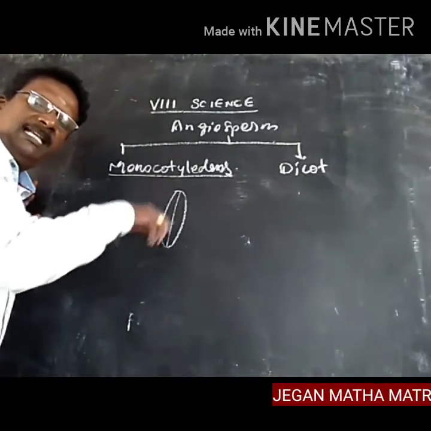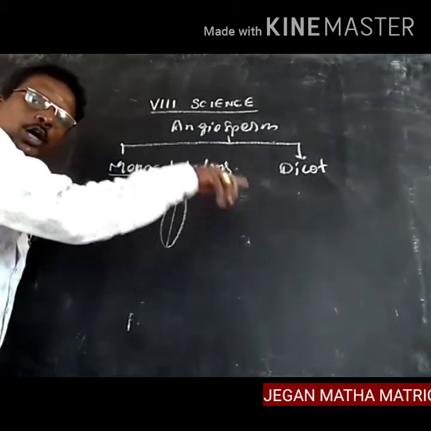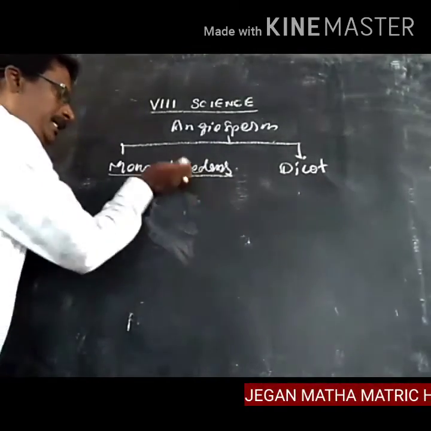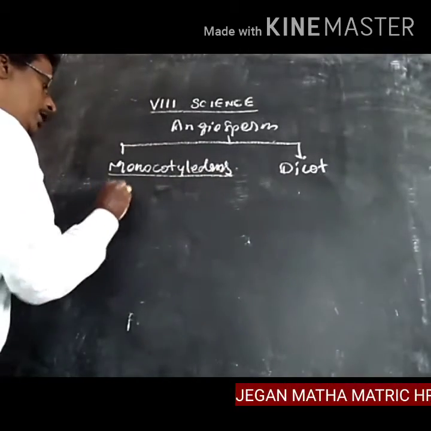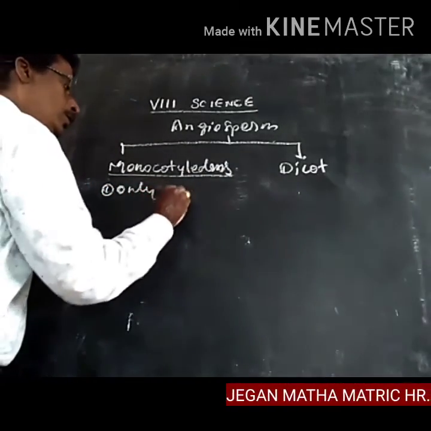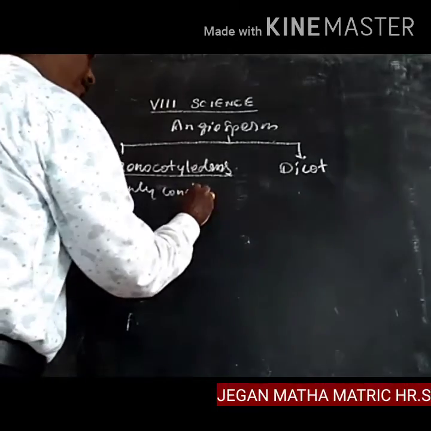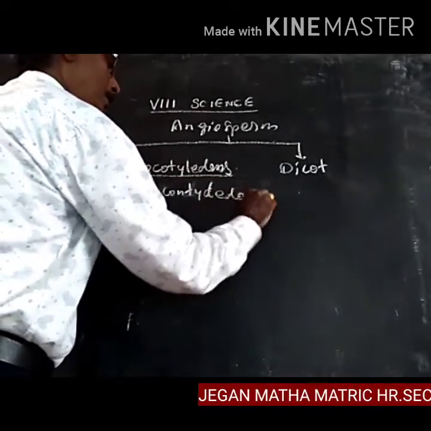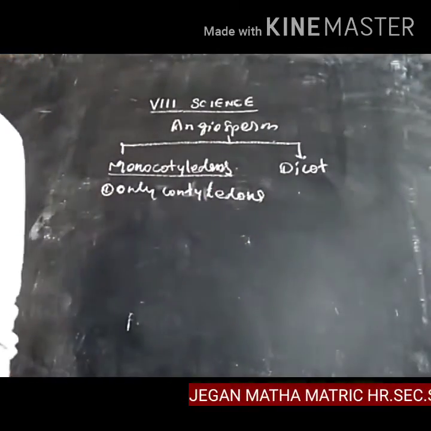So this type of plant is called a monocot plant. First point, the seeds consist of only one cotyledon.